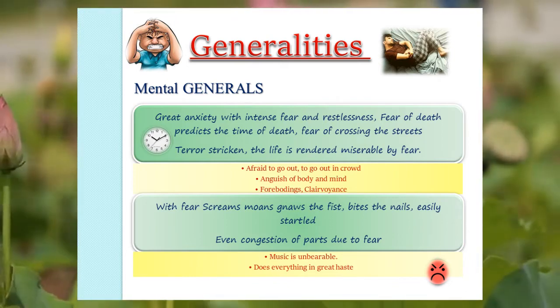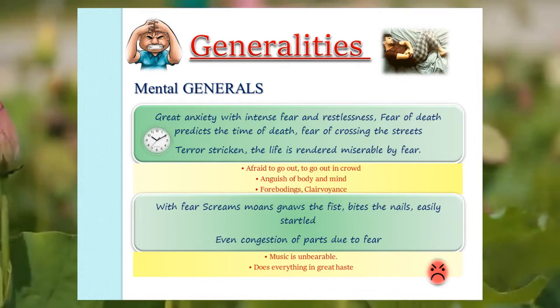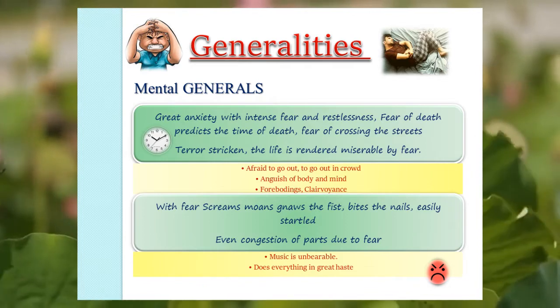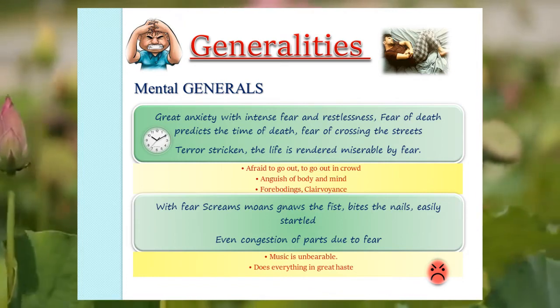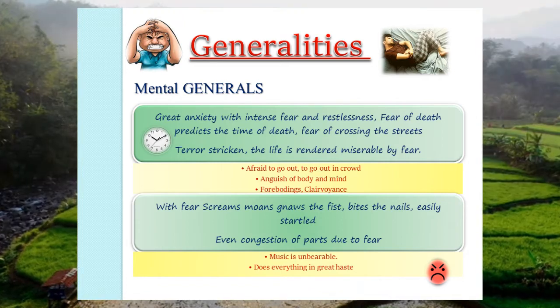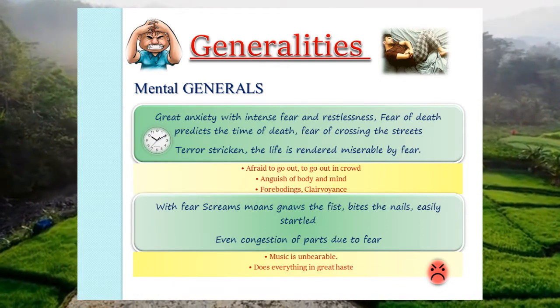So with fear, screams, moans, gnaws the face, bites the nails, easily startled, and even congestion of a part due to fear, sudden flushing of the face or any part, fear of heart attack in Aconite is very marked. So these are just like Aurum, Gelsemium, and Argentum nitricum.